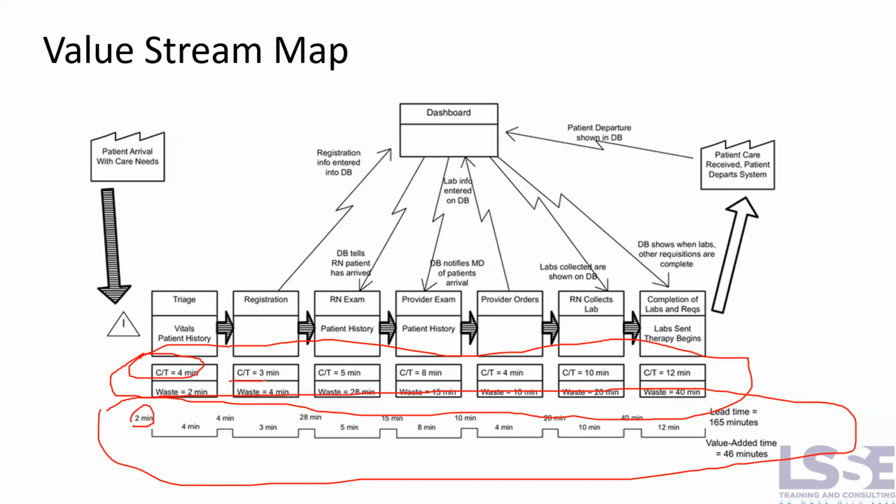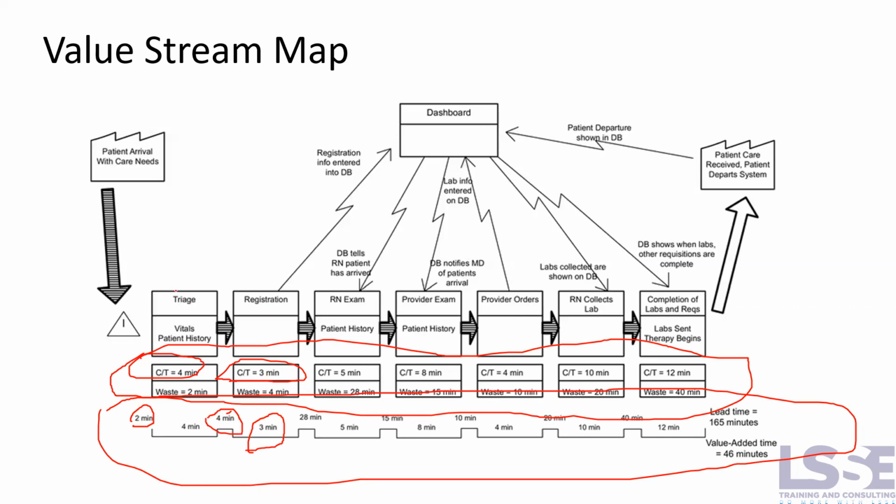What we mean here by CT is the cycle time. So for the registration, it takes about 3 minutes. But this one is what you call the waiting time. It's counted as a waste here.